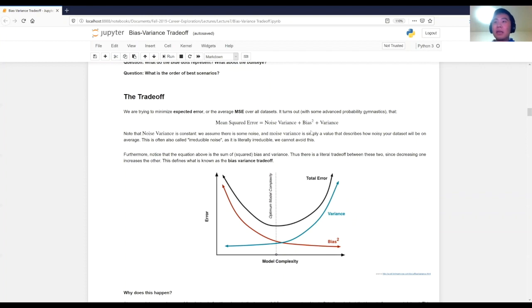Bias squared is the square of the bias I was referring to earlier, and similarly variance is the variance I was talking about earlier. But one thing that we can see here is that the bias and variance are inverse to each other, in that when bias is low, variance tends to be high. And moreover, we can reduce bias by increasing the complexity of our models, but variance tends to increase as we increase model complexity.